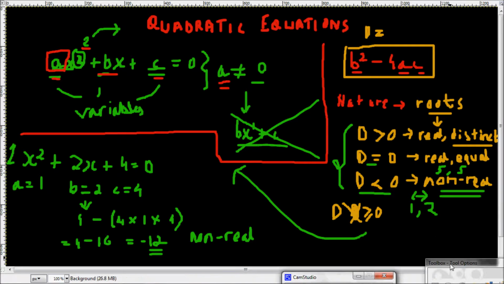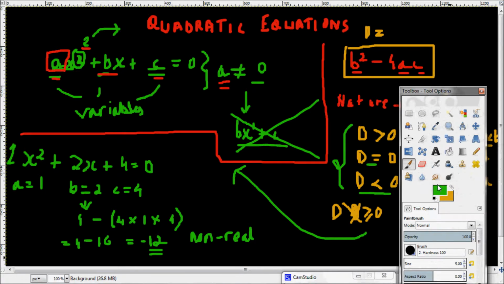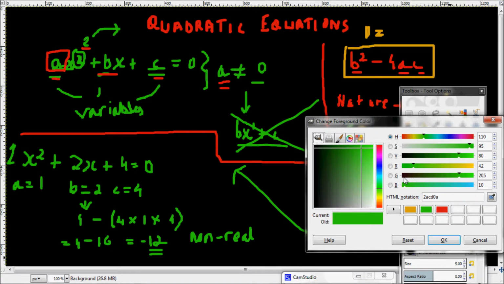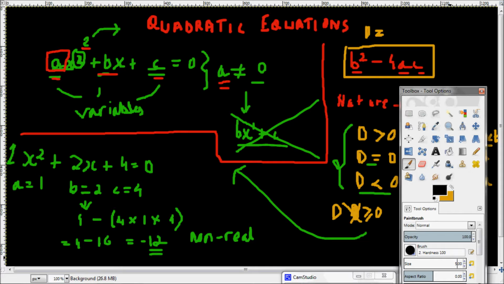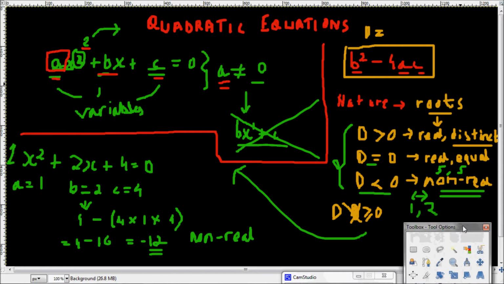Also, one more question that is asked is, they'll give you an equation, but what they'll give you is not just a, b, c and x square, but they'll give you a variable.